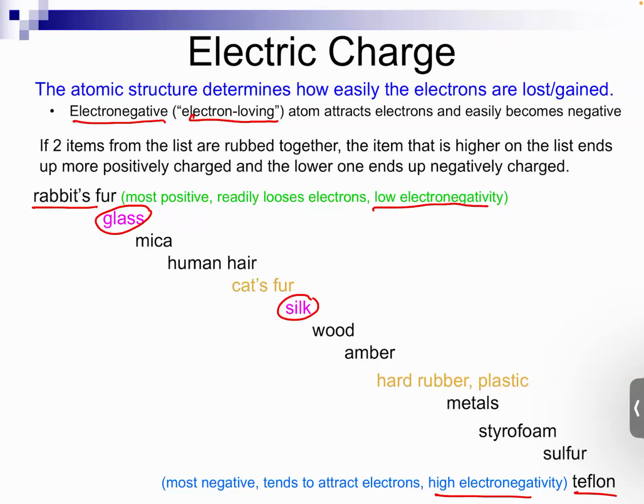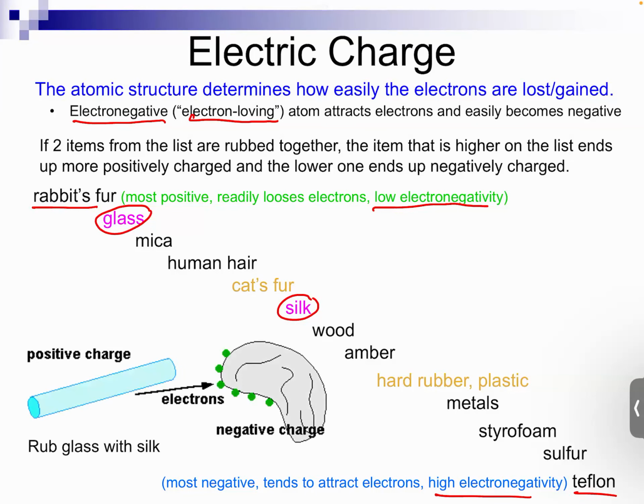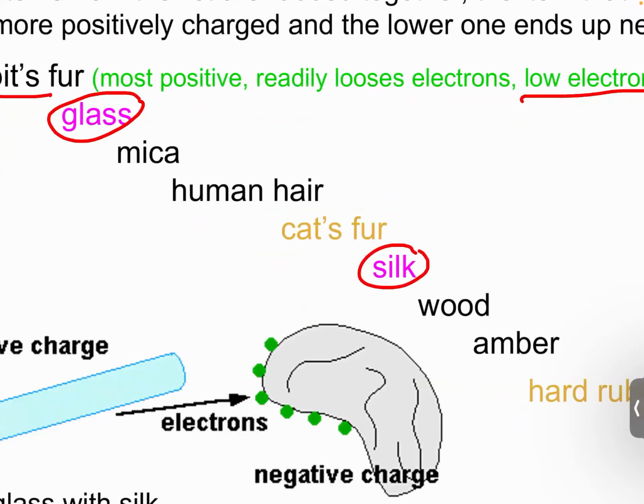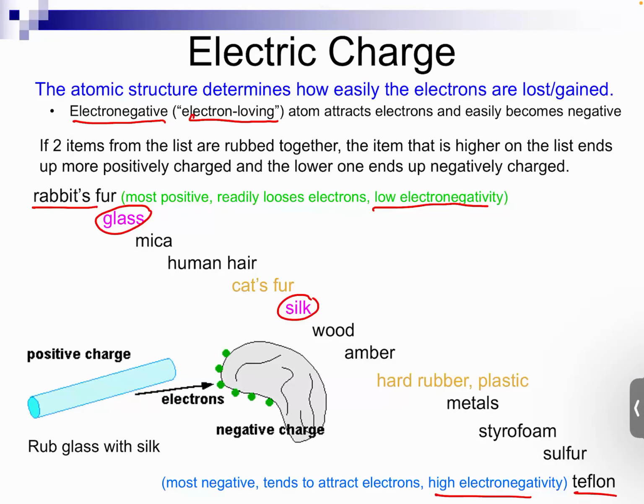It will be the material that is more electron loving, that's more electronegative. We're going from low electronegativity to high electronegativity. That means silk is more electronegative than glass.